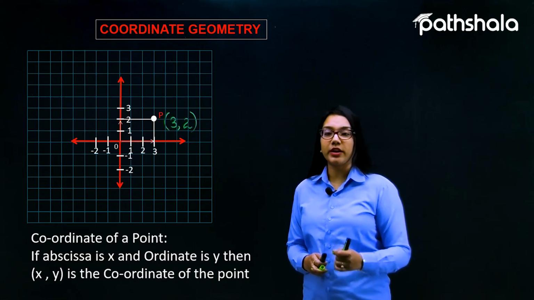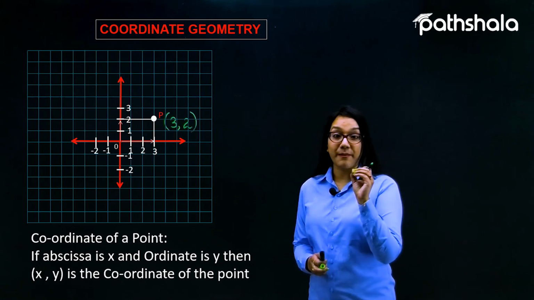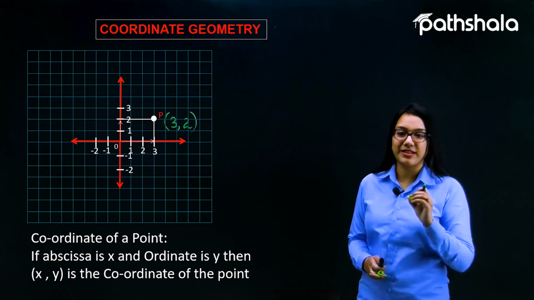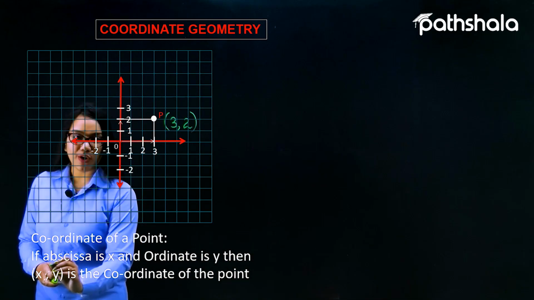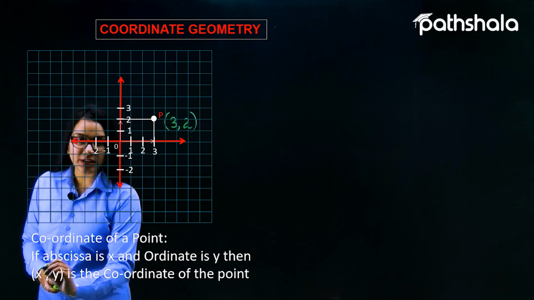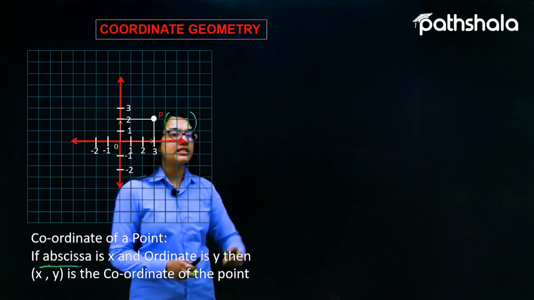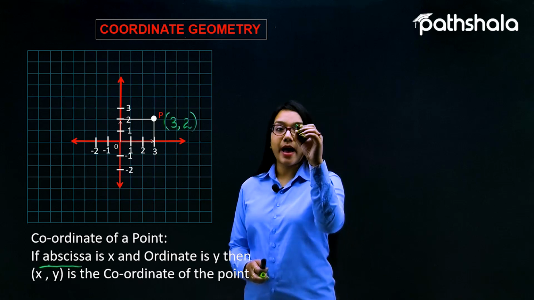So what is the coordinate of a point? If abscissa is x, there is something interesting: what is abscissa? What is the meaning of abscissa? First of all, let me tell you the meaning of abscissa.